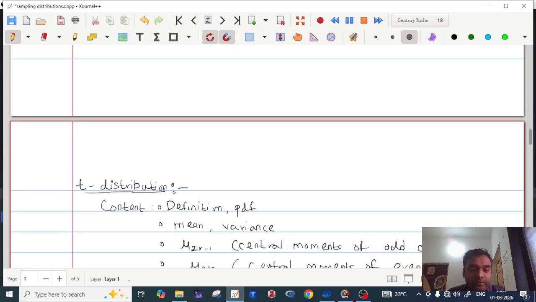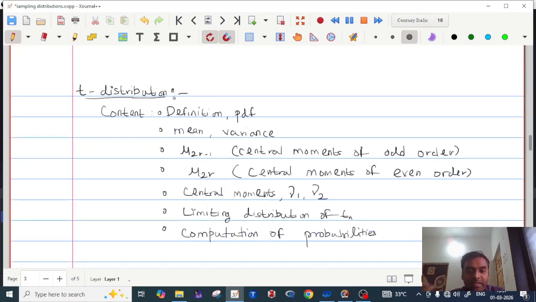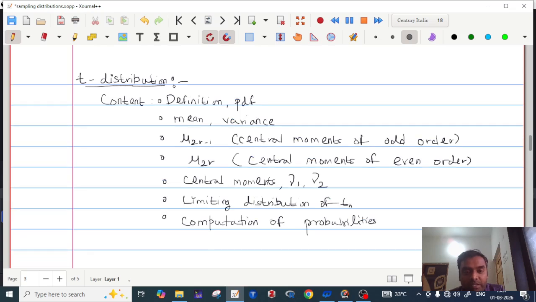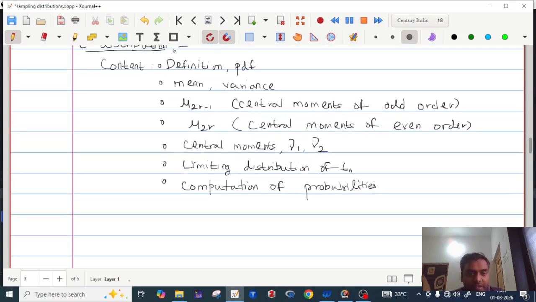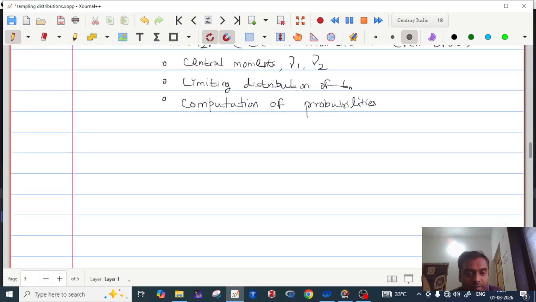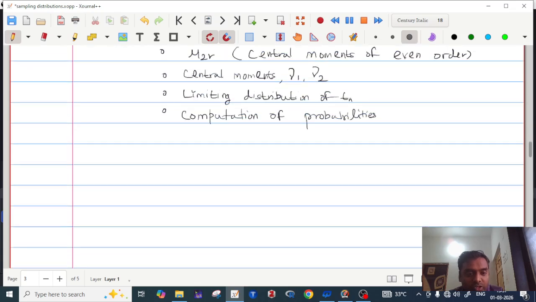Now, similarly to what we have discussed for the chi-square distribution, we will now discuss the theory and some concepts of the t distribution. So let's start. Definition of the t distribution.